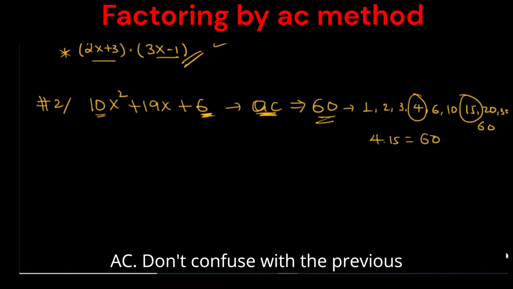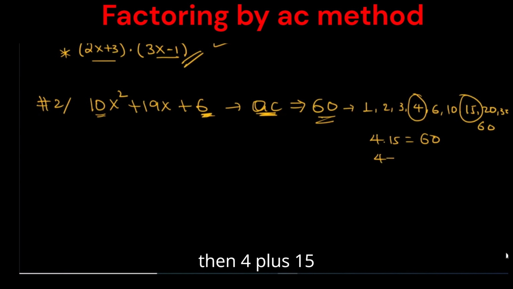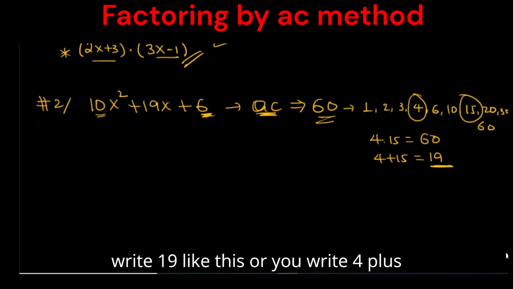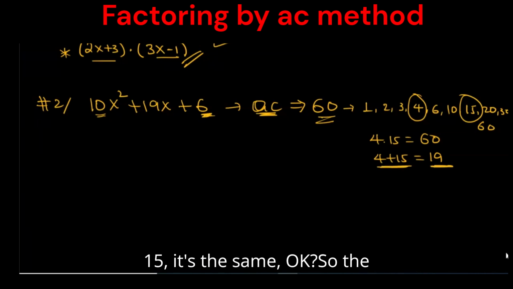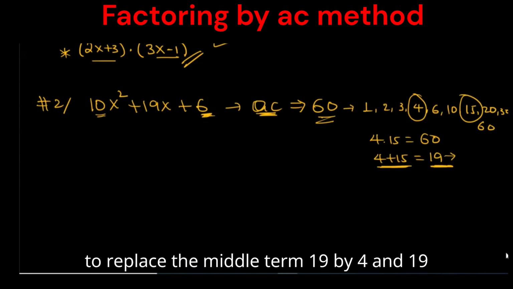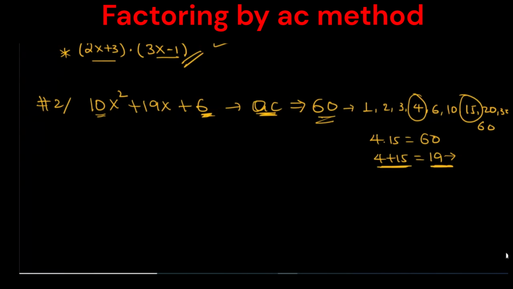Don't confuse it with the previous, simpler problems. And then 4 plus 15 is equal to 19. So whether you write 19 or you write 4 plus 15, it's the same. I have to replace the middle term 19 by 4 and 15, because 4 plus 15 is 19.